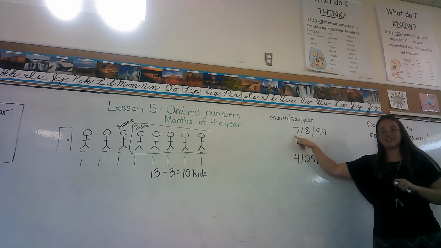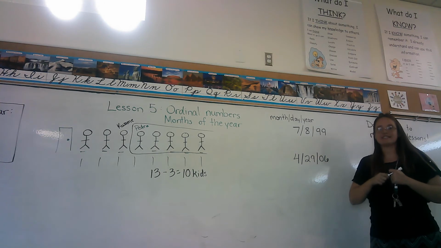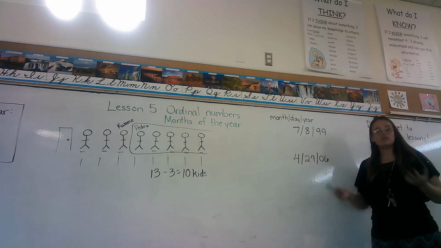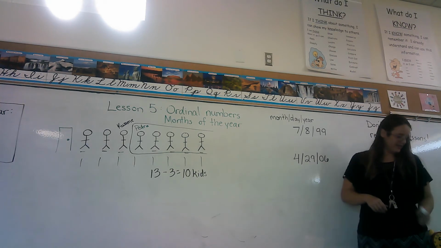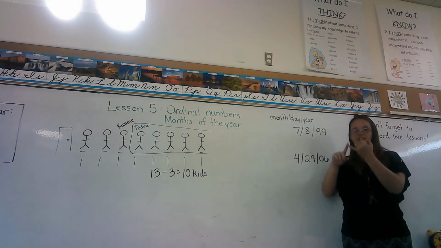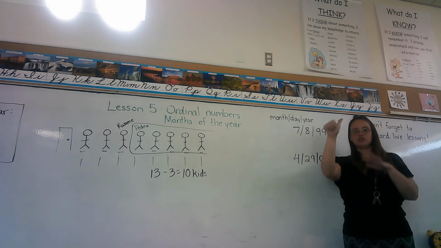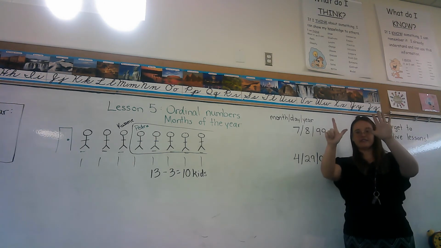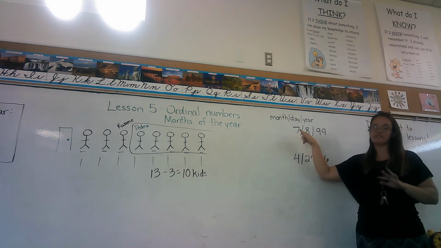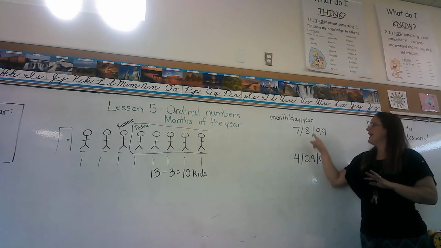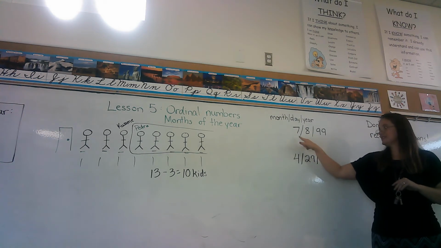The number 7 says we're looking for the 7th month. So if you don't have that memorized, that's okay. You just have to be able to go through the months and say, okay, January, February, March, April, May, June, July. There's 7 months. So what month was this? The 7th month, so it must be July. And then this represents the day, so it's July 8th.